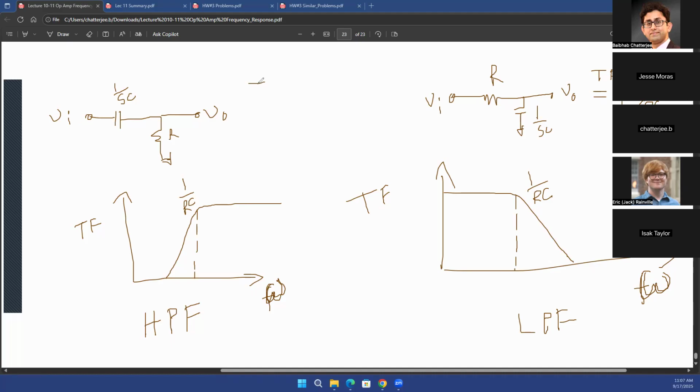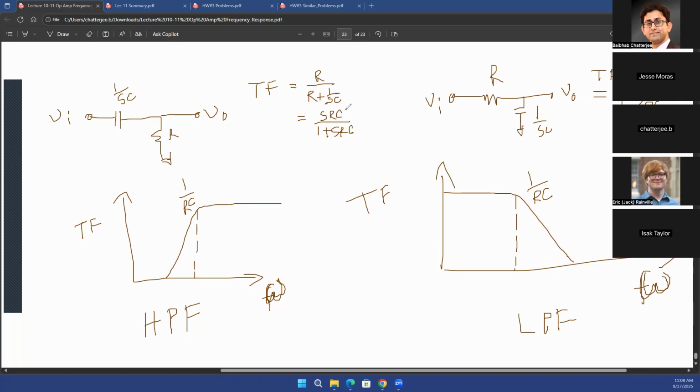And in this case, the transfer function is going to be R divided by R plus 1 over SC. Right? Again, a very simple voltage division that you have learned in lecture 1. So this is going to be SRC divided by 1 plus SRC.